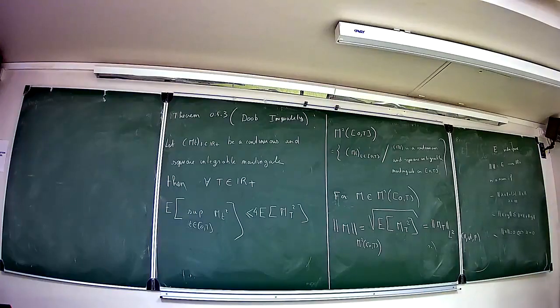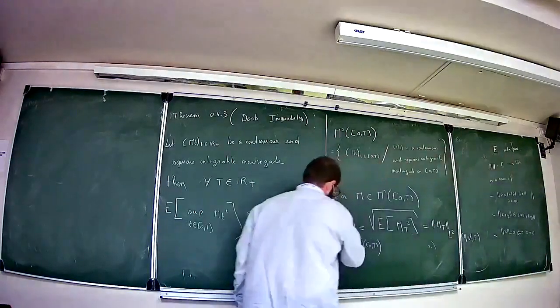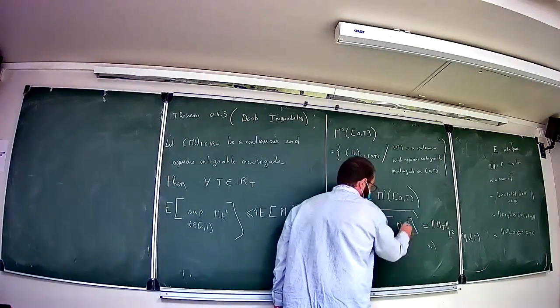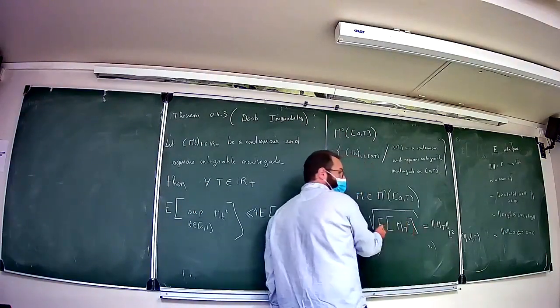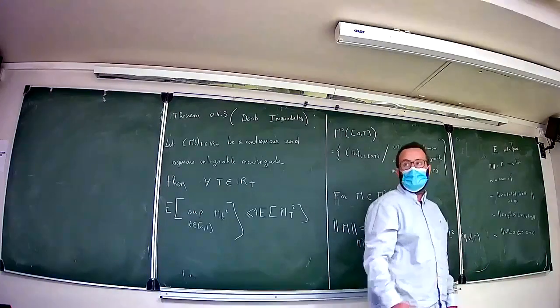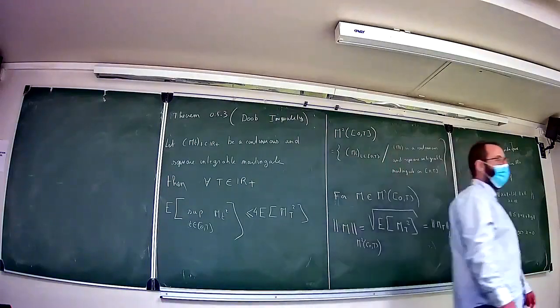Okay, so for the homogeneity, if you have a martingale, you multiply it by lambda, you have the absolute value of lambda outside the expression. So for this one, no problem. Okay, everybody? So if you put lambda here, with the square, you have lambda squared. You can remove it by linearity. You have the square root of lambda squared, that is the absolute value of lambda. Okay?